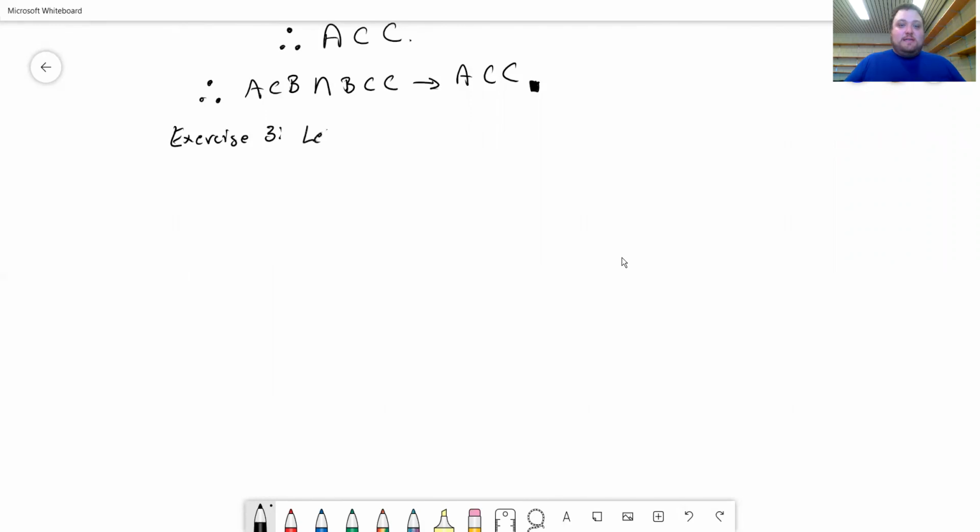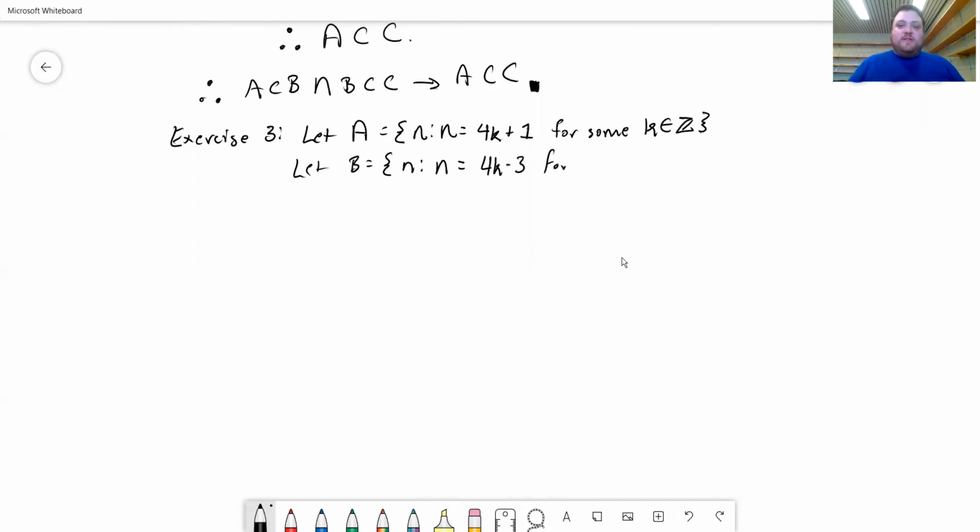So let A equal the set of N such that N is equal to 4K plus 1 for some K is an element of integers, or Z. And we will let B equal the set of N such that N is equal to 4K minus 3 for some K is an element of Z.